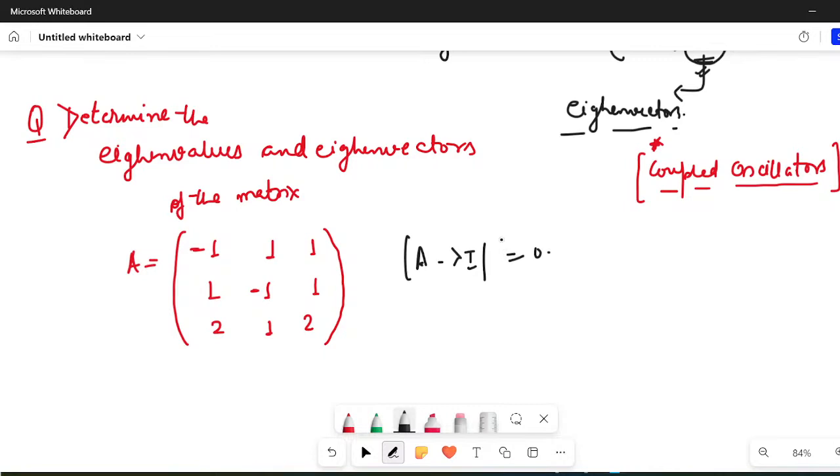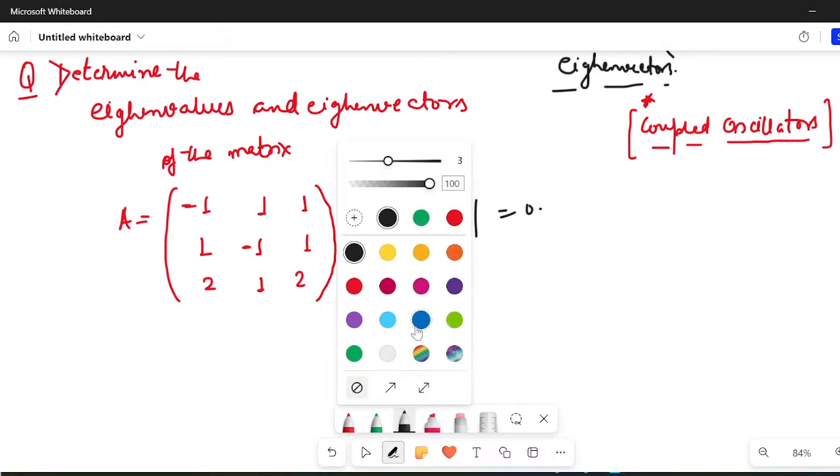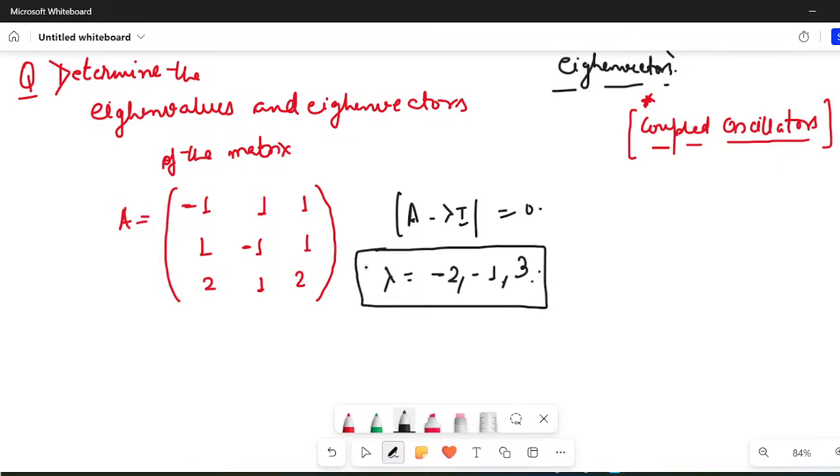Just let me solve it for you. There would be three eigenvalues to this: lambda equals minus 2, lambda equals minus 1, and lambda equals 3.